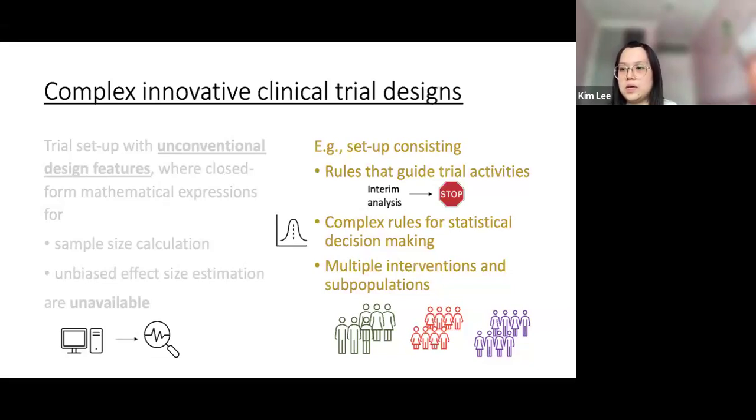All these investigations depend on how we define the data generating mechanism. To my knowledge, there's no guidance on how to define the data generating mechanism, including the highly cited ADEMP framework. One goal of our paper is to help trialists in thinking through the details of the data generating mechanism for their clinical study.